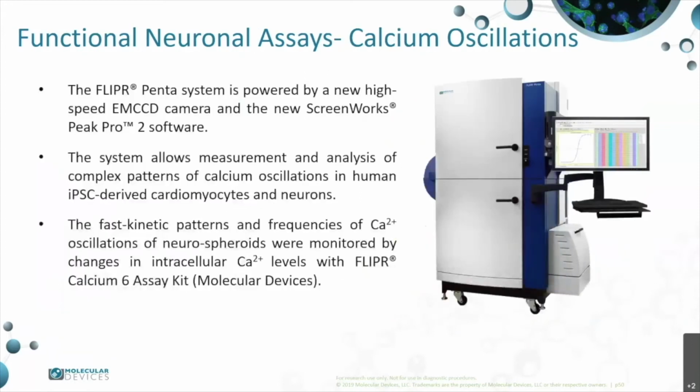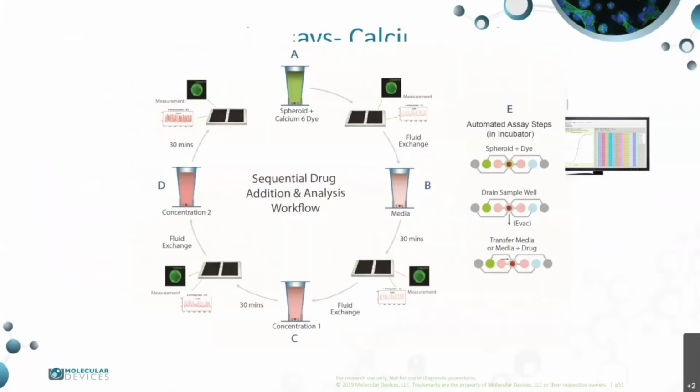So those measurements could be done by using the FLIPR instrument, and ScreenWorks Pro 2 software allows characterization of those patterns, like defining amplitude, frequency, rise and decay time, and appearance of secondary peaks. So the advantage of the Puma system in this case is related to the fact that you can actually measure the effect of compounds consecutively on the same microtissues or organoid.